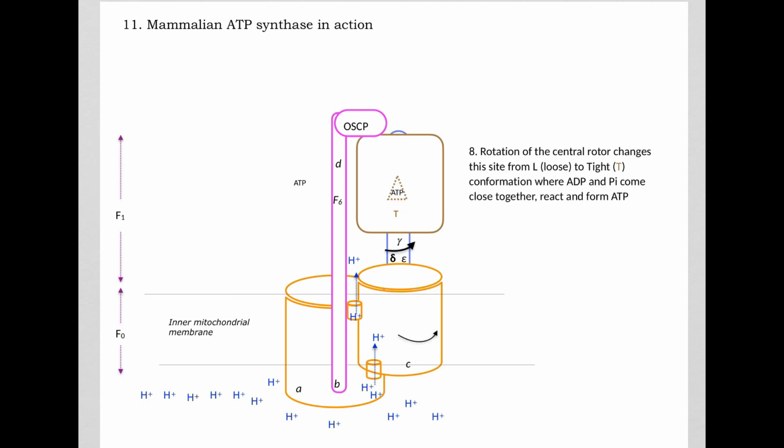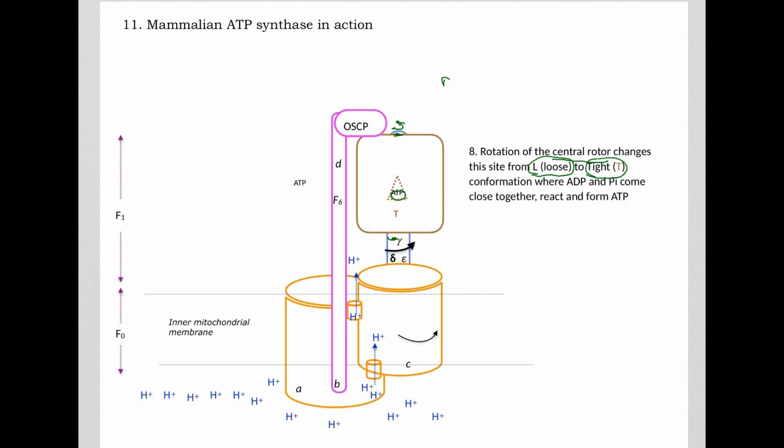Now the rotation of the central rotor forces this L conformation to change into a T conformation or tight conformation. And in this T conformation, the ADP and Pi are forced to come very close to one another to form ATP.